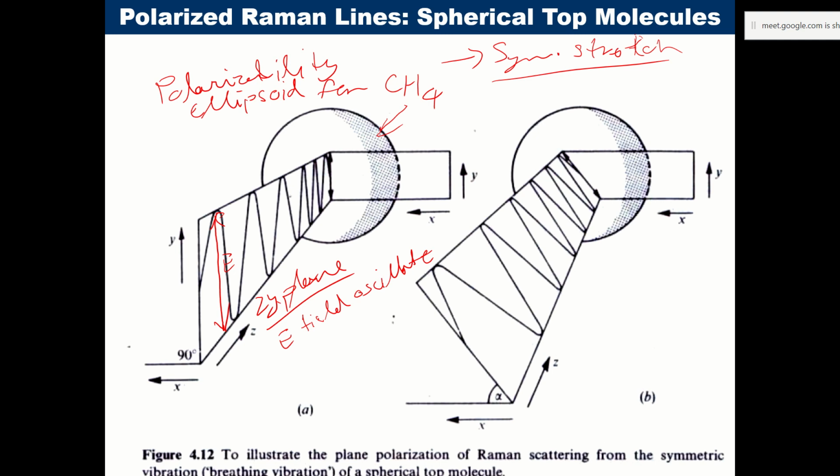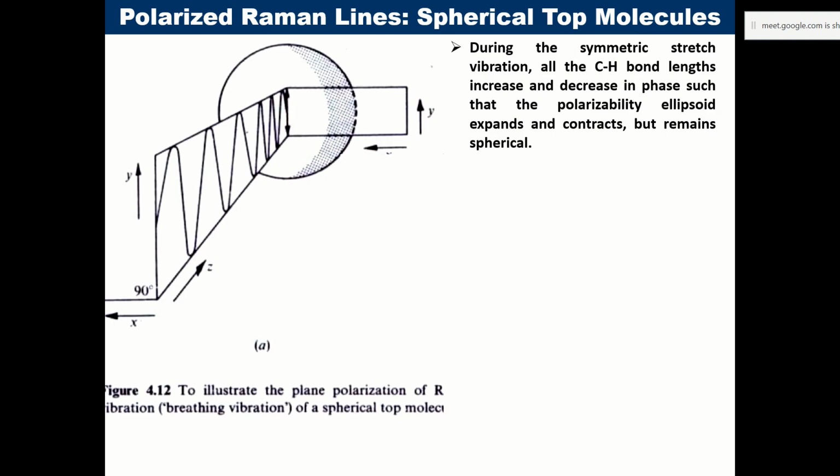So what you know now is that during symmetric stretching vibration, there is an equal increase or decrease in CH bond length for all of them simultaneously. Expansion or contraction is happening, so it will always remain spherical, only the size will change.